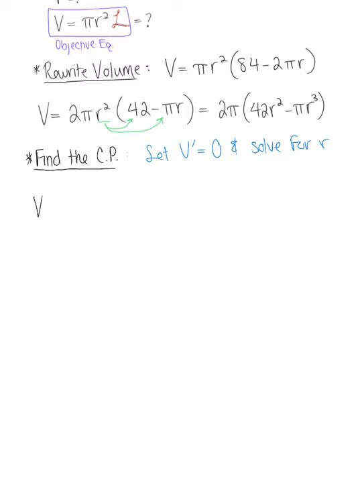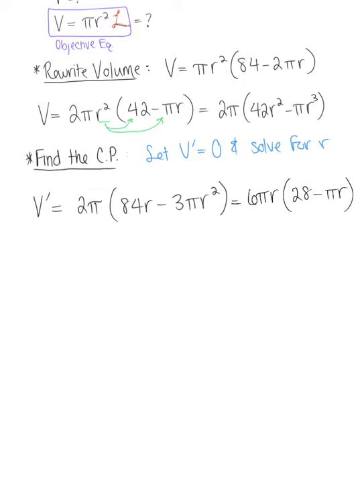So differentiating, I have the derivative of volume is equal to 2 pi multiplied by 84r minus 3 pi r squared. And we can simplify it by pulling out a greatest common factor of 3r. So this leaves us with 6 pi times the radius multiplied by 28 minus pi r.